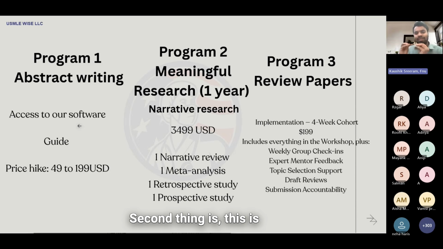The second is our meaningful research. To me, if you are very serious about learning research, it is very important to have a mentor who knows research, who's interested in research, and who has the time and dedicated effort to teach you.